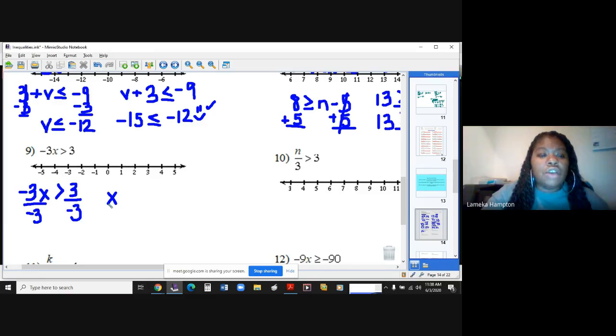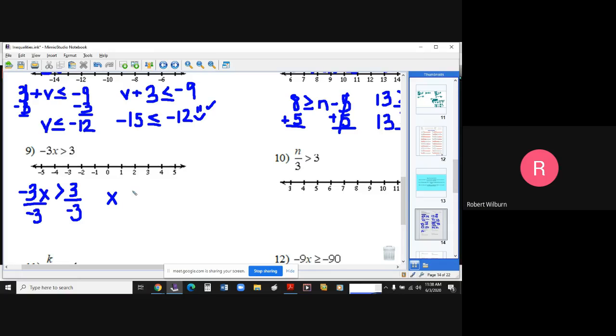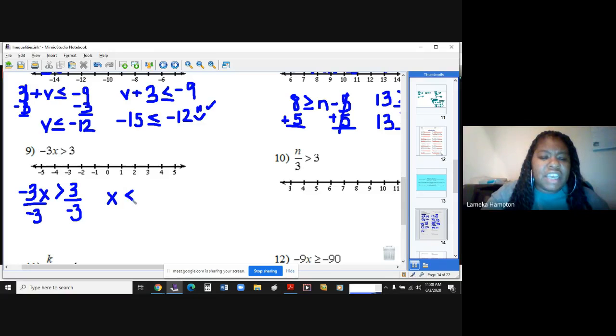Well, no, you're not going to remove the sign. You're going to flip the sign. Instead of a greater than sign, my sign is now going to be less than because I divided by a negative number. So now my answer is X is less than -1.